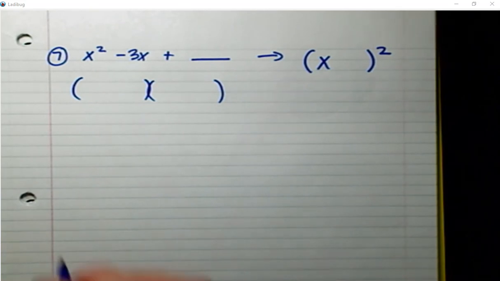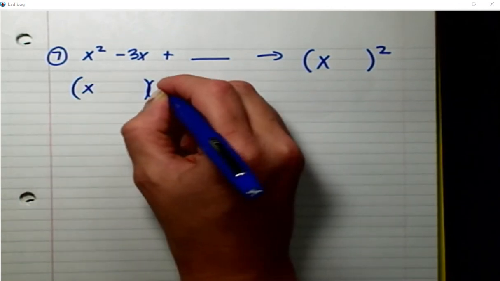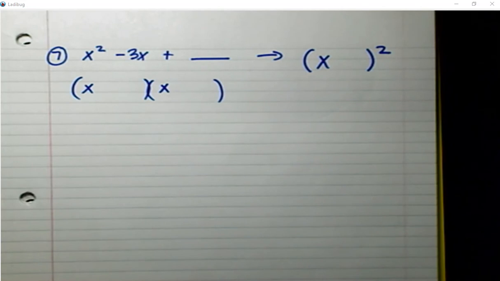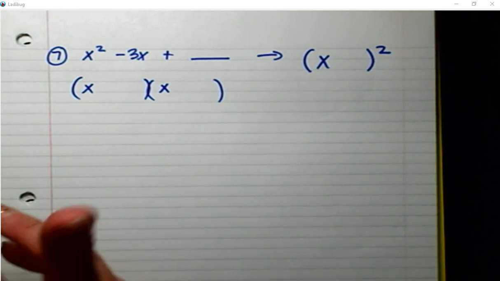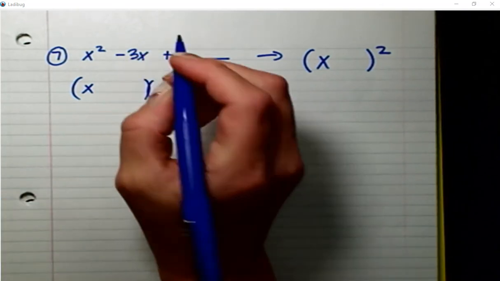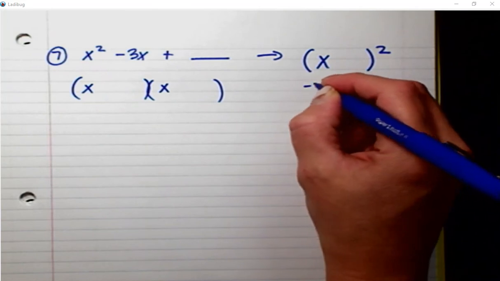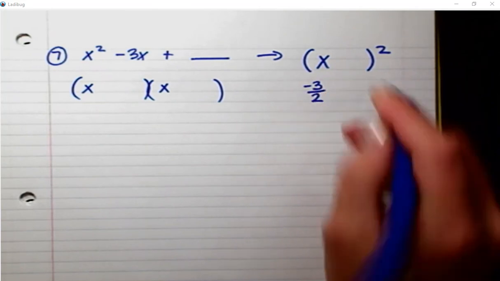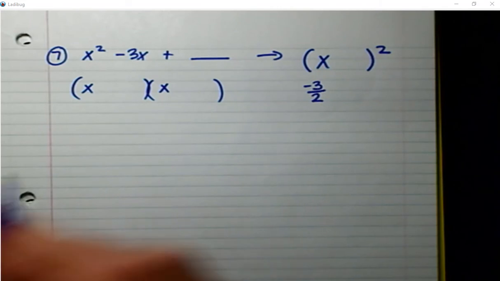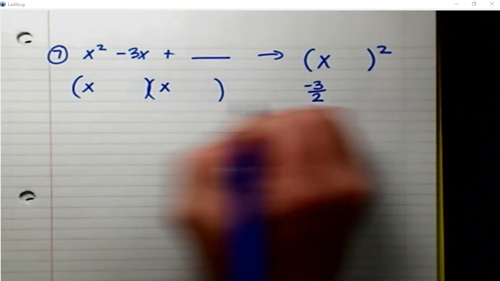X times x. You have to half it. Just leave it as a fraction, guys. Don't say 1.5. Leave it as a fraction. So I'm going to half it, over here: negative 3/2. Half it. Square it.